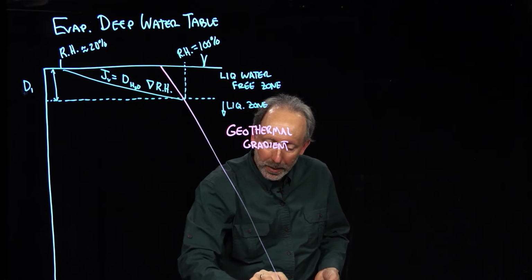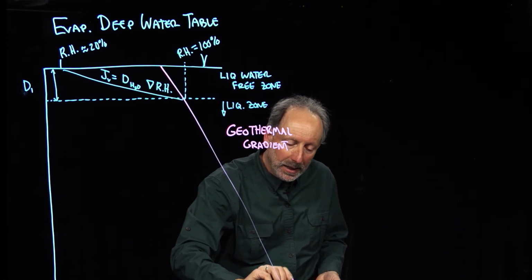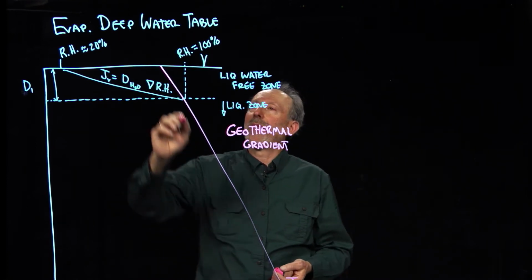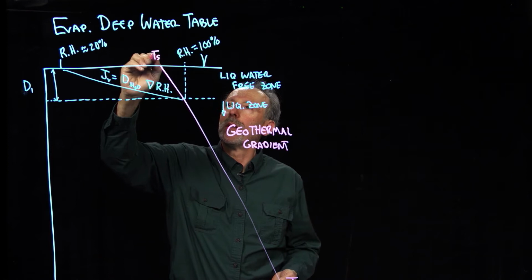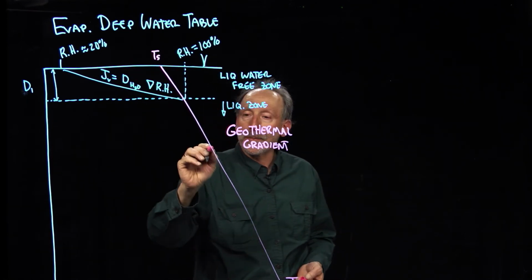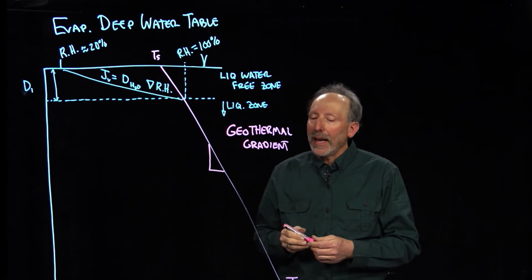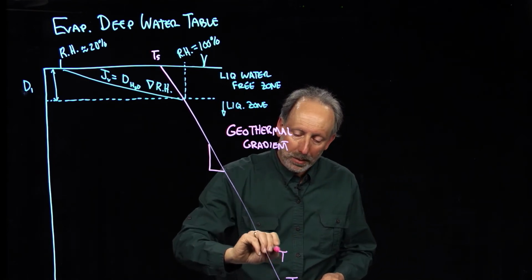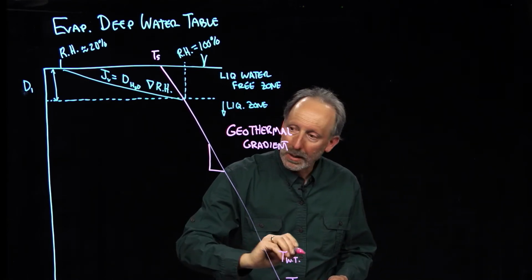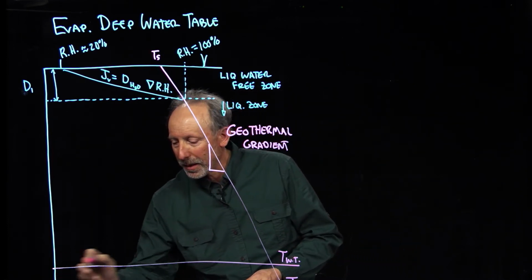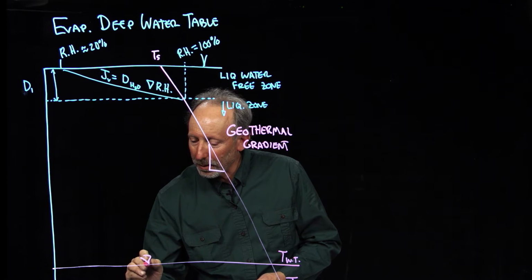Okay. So we have a T at the water table, and we have a T at the surface. And there's a gradient. Sorry about that, the water table fell off the bottom of the screen.